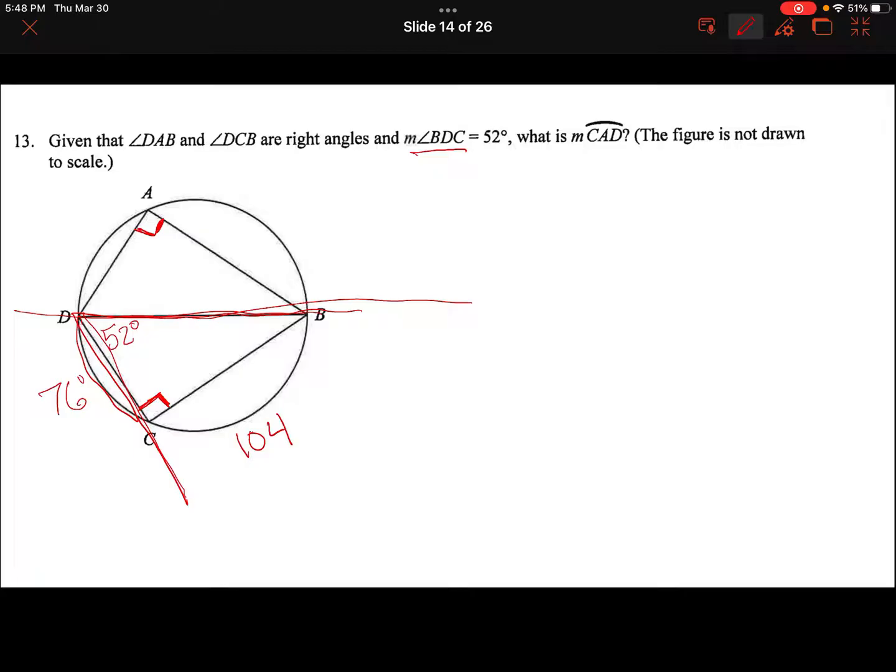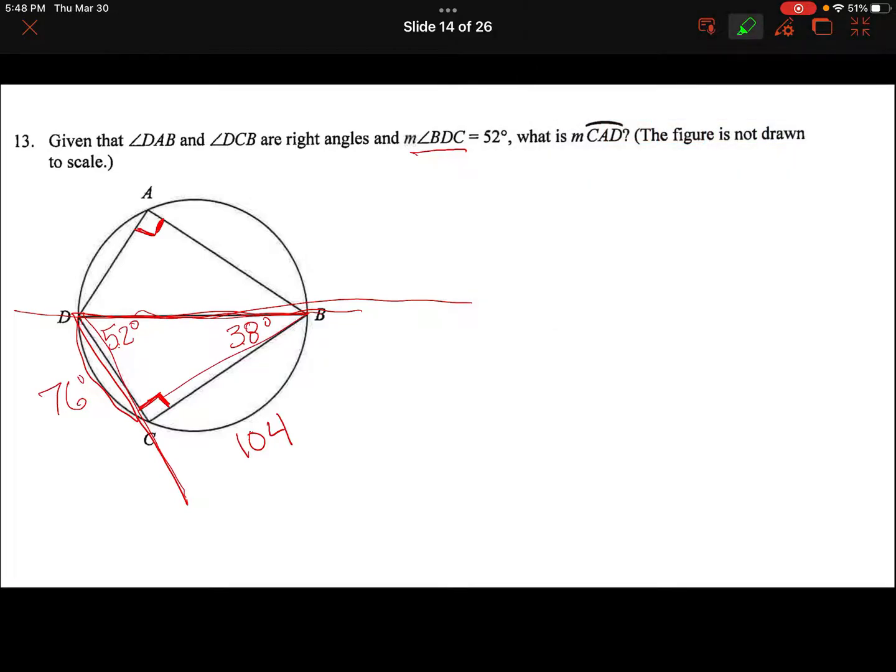And then angle DBC, the other angle in this right triangle, is going to be half of that, or 38. You could also just work the triangle sum theorem, and seeing that 52 from 90 gives you 38 there.